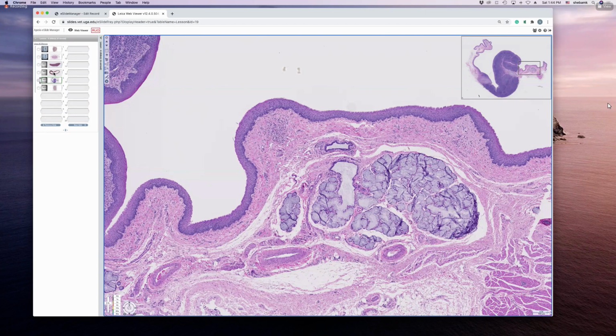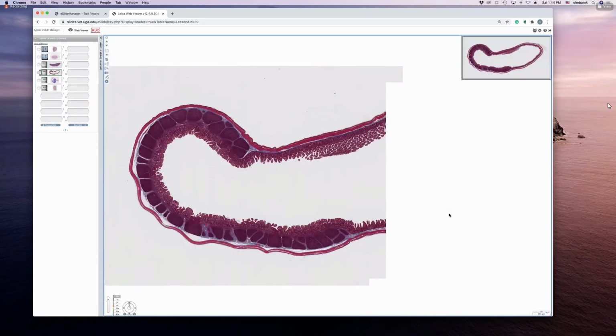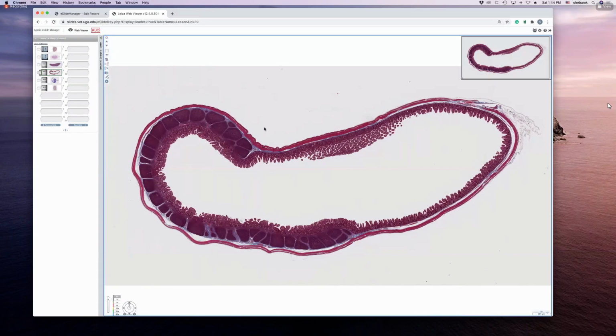There is a more diffuse kind of lymphatic tissue that you see in the intestine. This is a cross section of the small intestine, and if you look at it, one side is thinner, but on this side the wall is way thicker, almost 3 times the size. Even grossly, you will be able to see this thickening on one side.